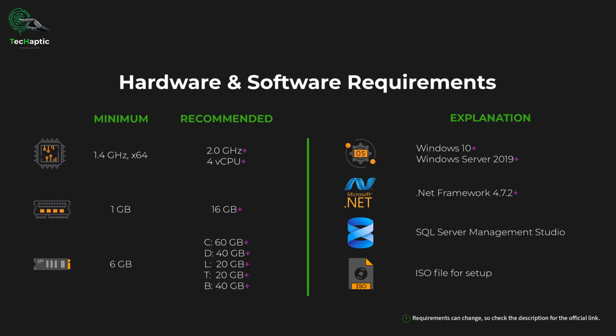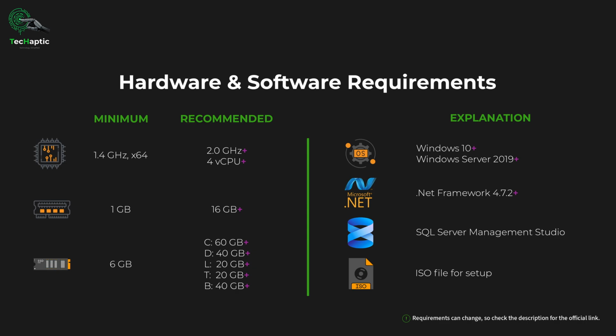On the right section, you can find the software requirements. For the operating system, it can be installed on Windows 10 and above or Windows Server 2019 and newer. However, for production environments, it's a much better approach to install SQL Server on a current and supported Windows Server operating system if possible.